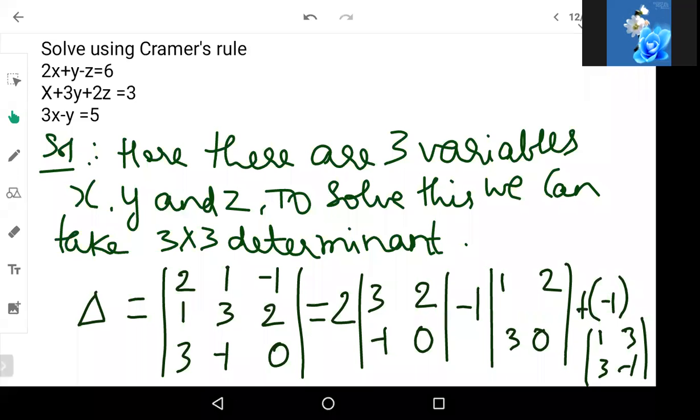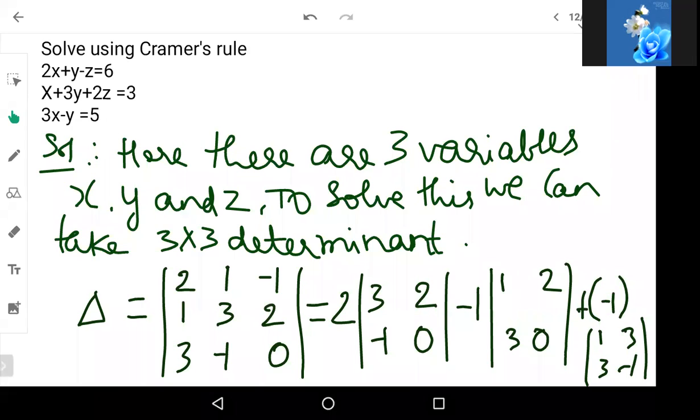Now listen carefully. In the next step, we have the constants here. What are the constants? 6, 3, 5. Okay. Now these constants will be replaced in the first column. In the place of 2, 1, 3, I'm going to write 6, 3, 5.